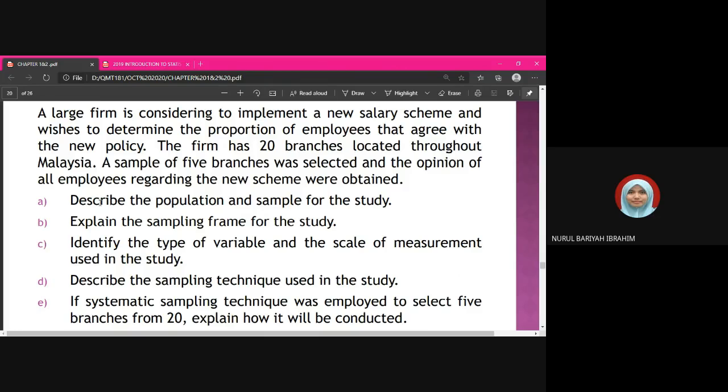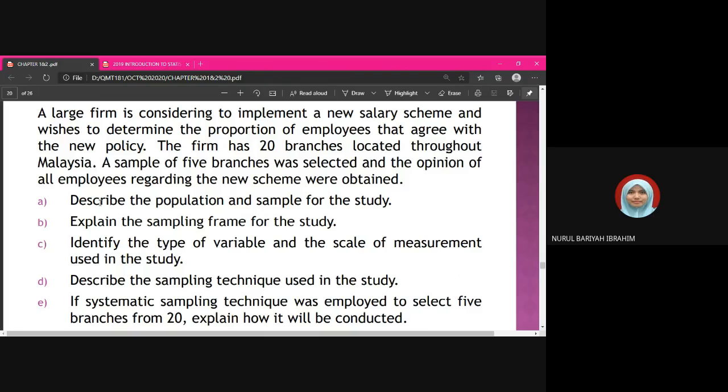The sample pula adalah the employees from 5 branches. Okay. B, explain the sampling frame for the study. So the sampling frame will be the list of employees from 5 branches.